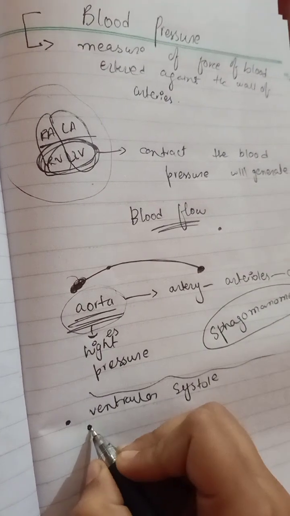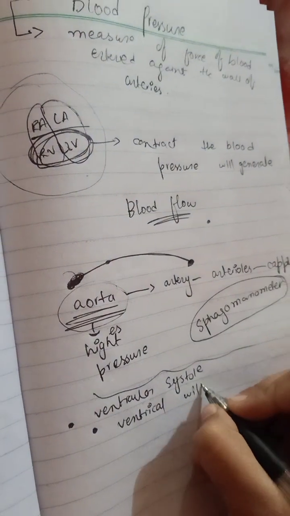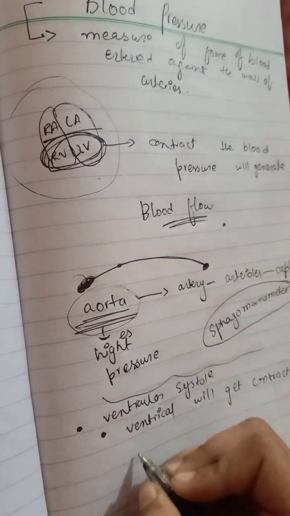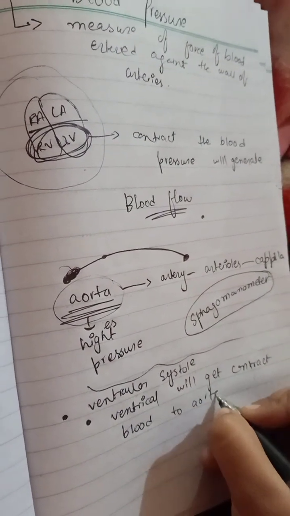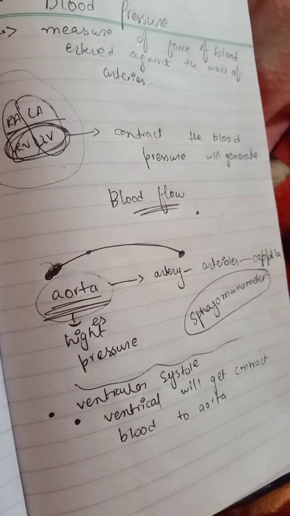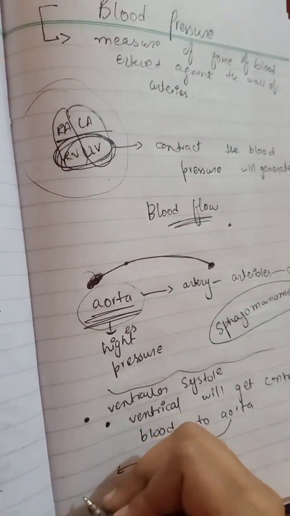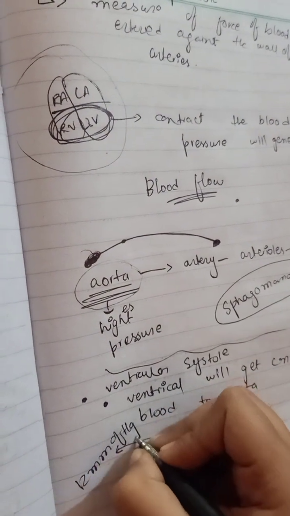Here the ventricles will contract, both of them, so the blood will move toward the aorta. If we talk about the pressure in the aorta, it will be 120 mm of mercury.